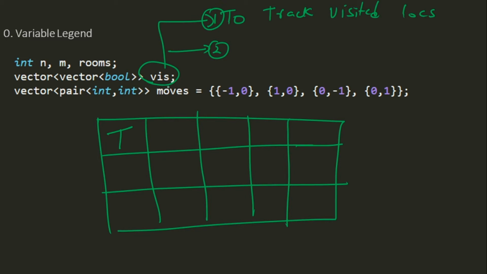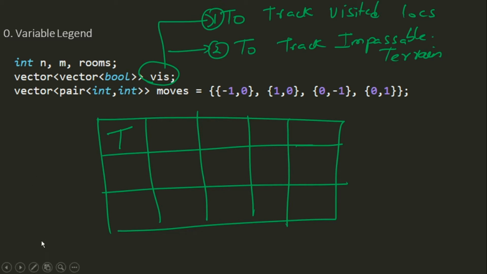So the second purpose of the visited matrix is to track impassable terrain. Both of them will be served with the visited matrix. In fact, this is a very standard implementation for all our grid problems. This is how we'll be approaching it.